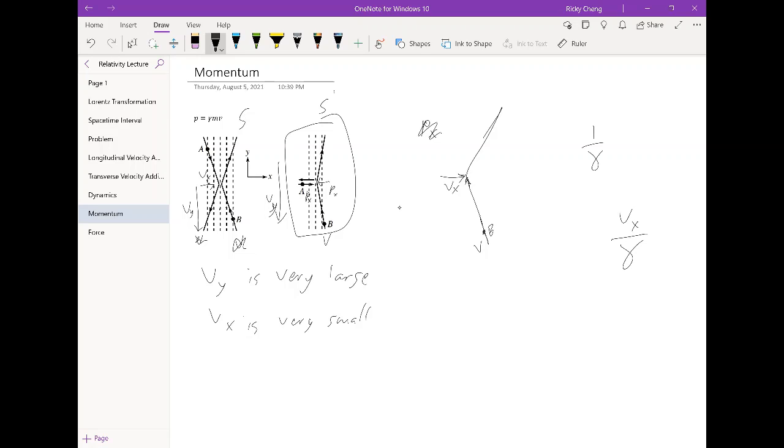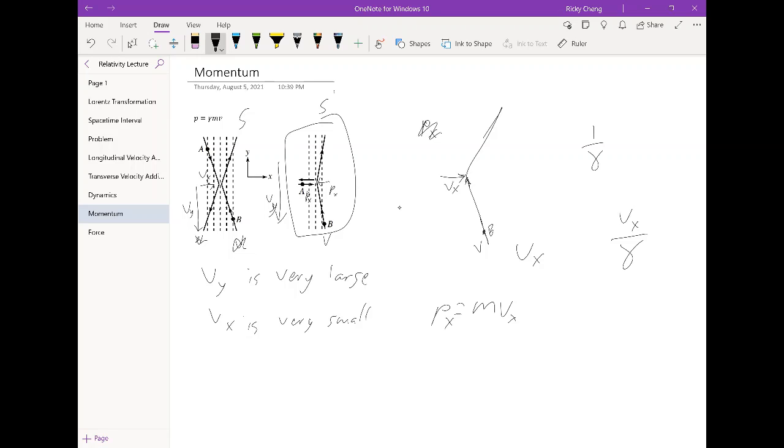So B's horizontal velocity is Vx over gamma, while A's horizontal velocity is Vx. If we just look at the old Newtonian definition of momentum, P equals mv, we obviously need Px for both A and B to be equal in order for momentum to be conserved in this system.